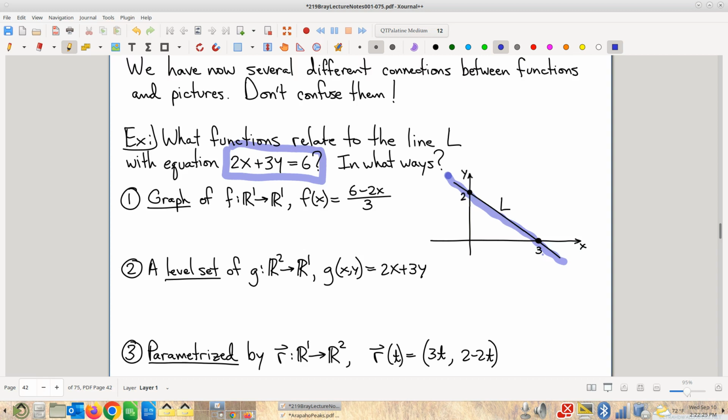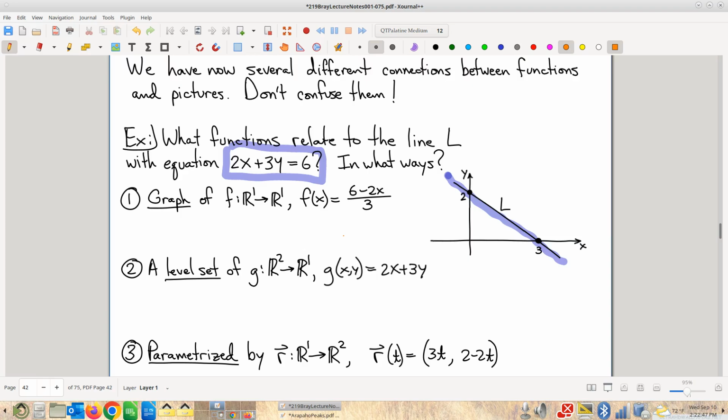Okay, how do I get these functions? Let's talk about this. Okay, so the second one is actually the easy one. Let's start with a nice little layup here. How did I come up with this function? Keep in mind, I want to be able to talk about a level set of it. Wait a second, how do I make a level set? Okay, I make a level set by taking whatever the function is and setting it equal to a constant.